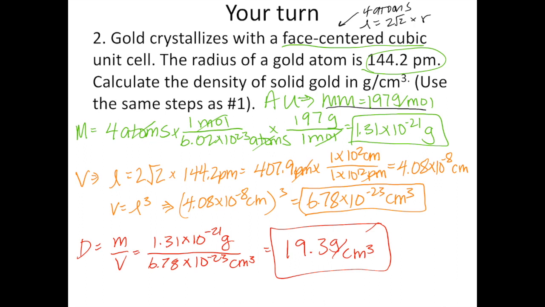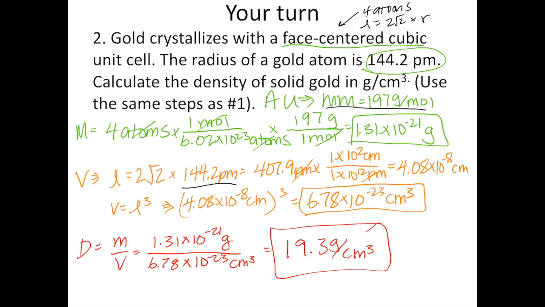Now I got to find volume. Remember, volume is just length cubed. So I got to find length. I'm given r. r is my 144.2. So I do 2 times the square root of 2 times 144.2. I get 407.9 picometers. But I don't want picometers. I want centimeters. So I got to do one more conversion.